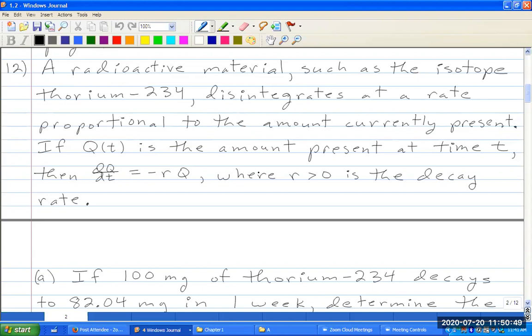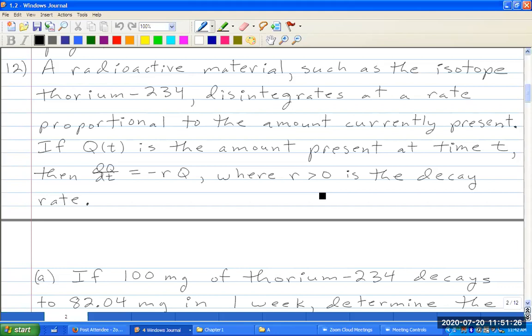So a radioactive material such as the isotope thorium-234 disintegrates at a rate proportional to the amount currently present. If Q of T is the amount present at time T, then the derivative of Q at T is negative RQ, where R greater than 0 is the decay rate.